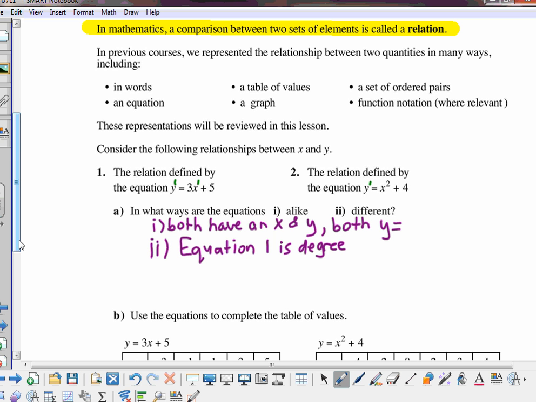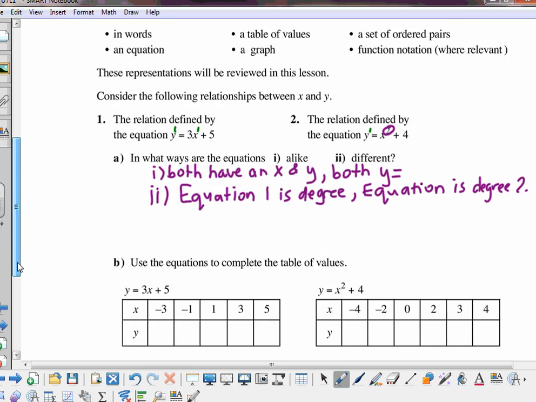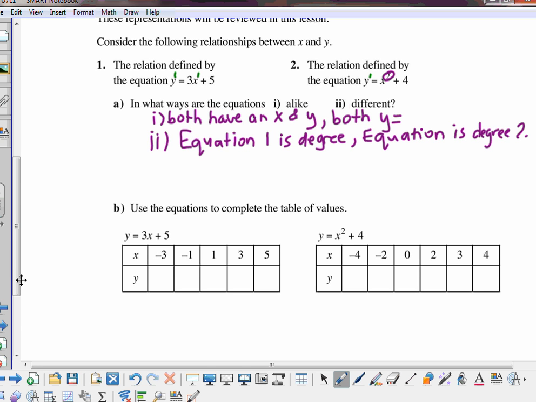The highest power in that equation is 2. When we classify degree, we classify it based on the highest power. So equation 2 is degree 2, because the highest exponent on the variable is 2. And that concept of degree is really important because all quadratics are going to be degree 2. All linear equations we studied last year were degree 1.